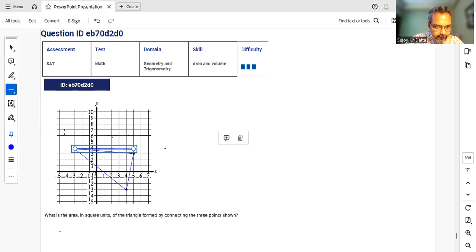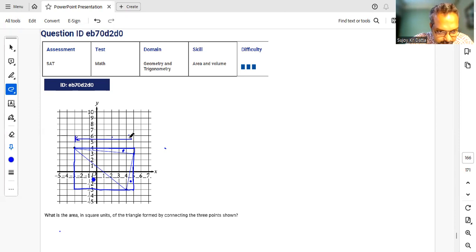Okay, it's becoming a little difficult. Let's just draw it with a normal drawing. All right, so we have this rectangle that you can see. From the rectangle, I'll leave out this triangle and this small triangle. That will leave me with the triangle that I want, and I'll find the area. That's the easiest way of doing it.